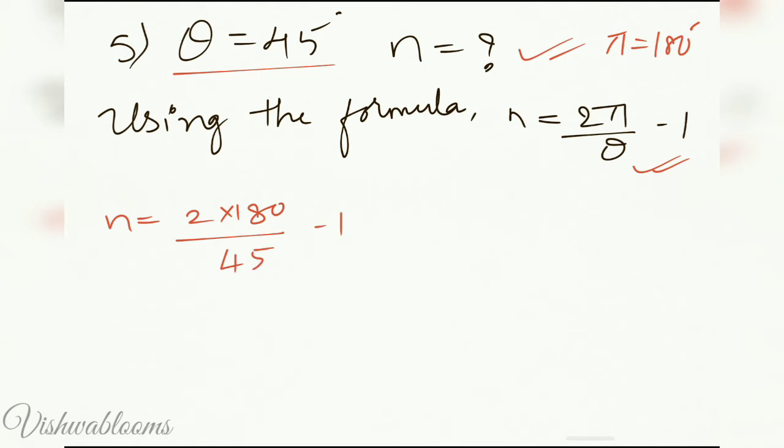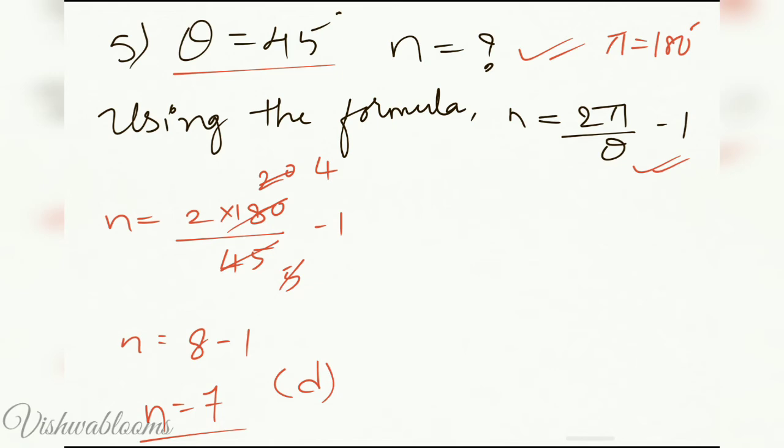Now you can simply cancel this out. 2 into 4 is 8, 8 minus 1. N is equal to 7, which is option D. We are done with this also.